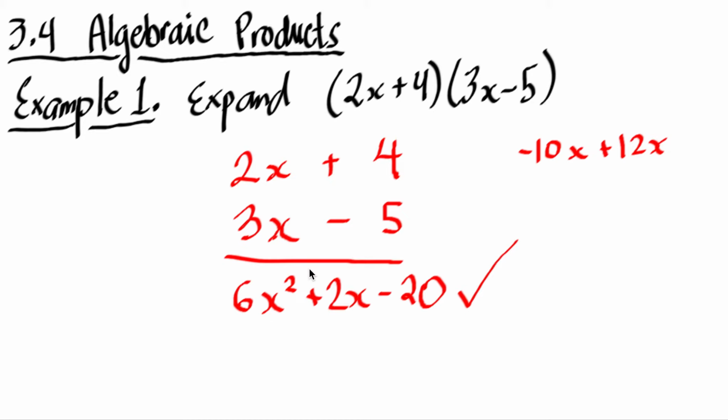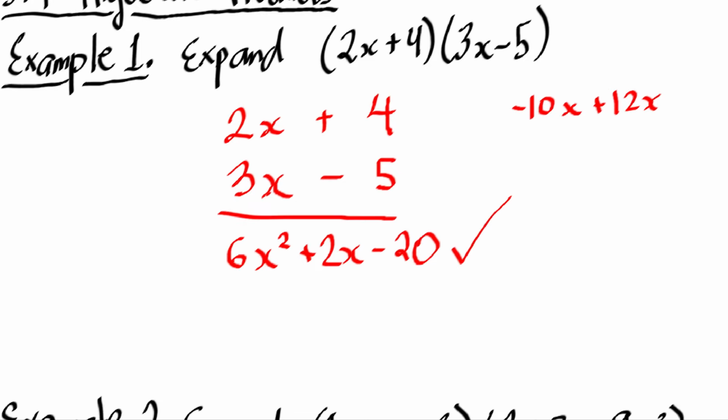So 24 times 25 is going to give us this same pattern of numbers. That's why algebra and arithmetic go together as far as the vertically and crosswise sutra is concerned. So that's example 1.